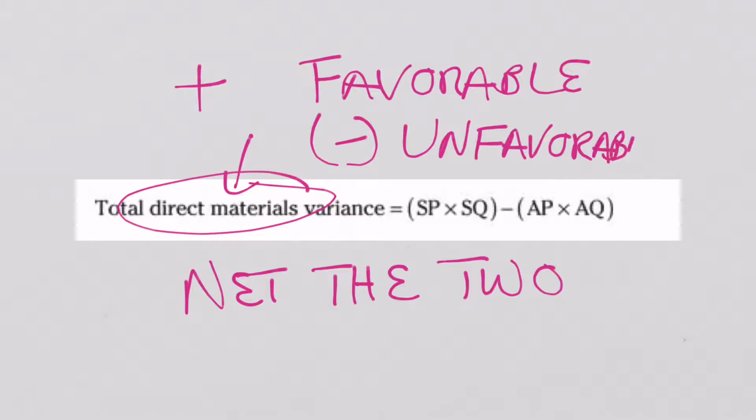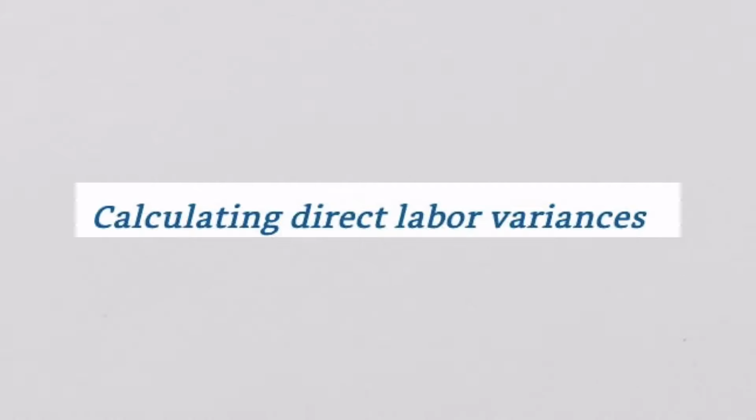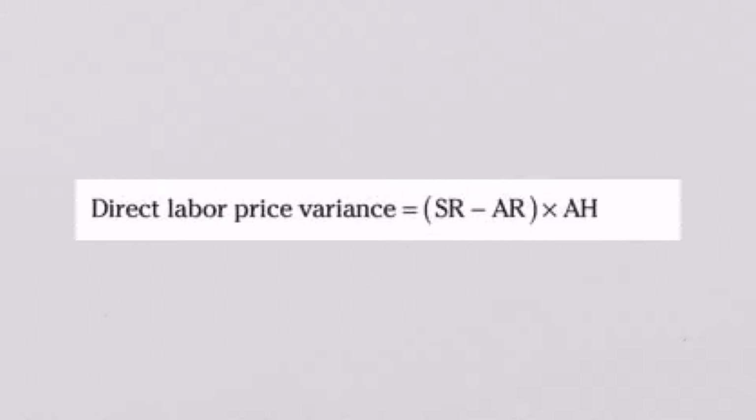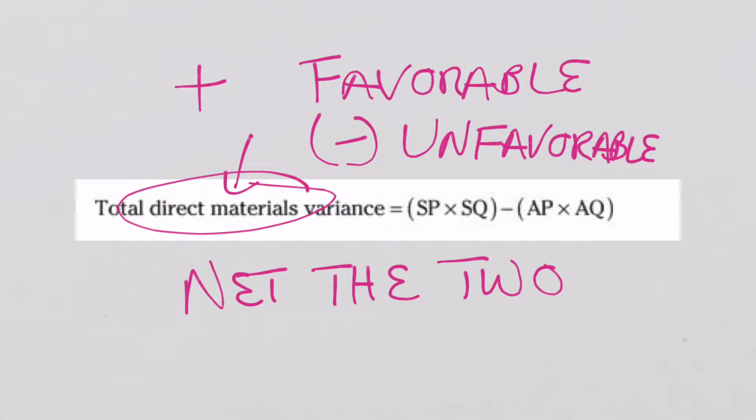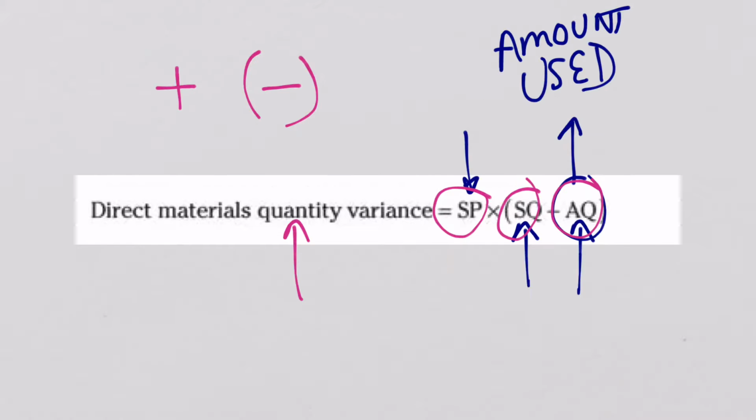Okay. These are examples which you can go through in the slide. When it comes to the labor variances, it's important to remember that there's an A and a B here. By the way, back here there was an A and a B. This was the A, the price variance, and this was the B part, the quantity variance with materials.